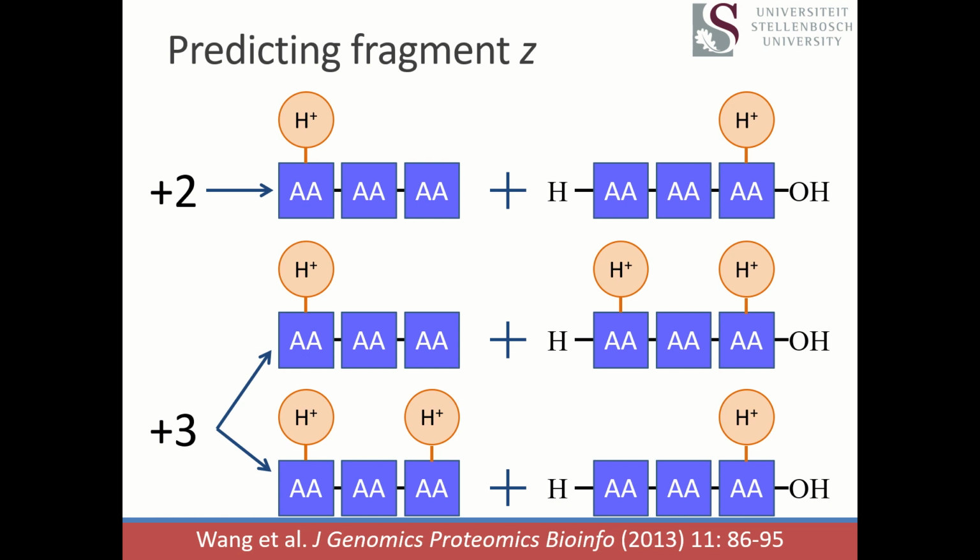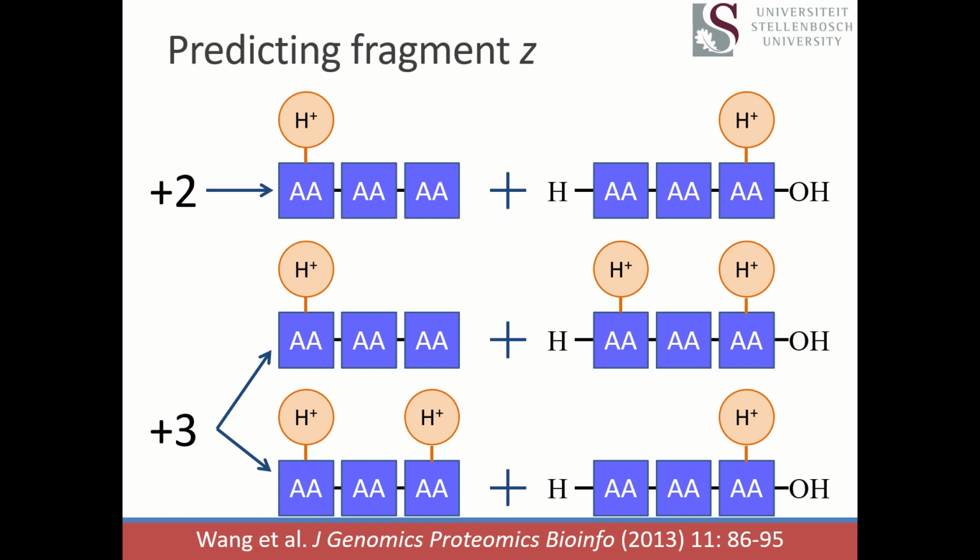So it's possible that as a doubly charged peptide breaks, one proton goes with each side. But it is also possible, especially when you have a very lopsided break near the end of a peptide, that one fragment will take both charges with it. You can see that database search engines generally ignore that possibility. They say, if we don't identify singly charged fragments from a doubly charged peptide, we don't care.